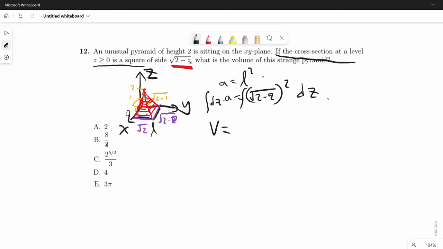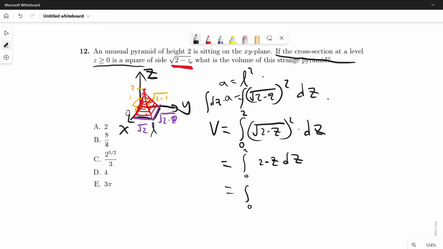We have volume equal to the integral of the area, which will be L squared, dz. And this will be from 0 to 2. So simplify the insides a little. The square root and the square cancel out. 2 minus z.